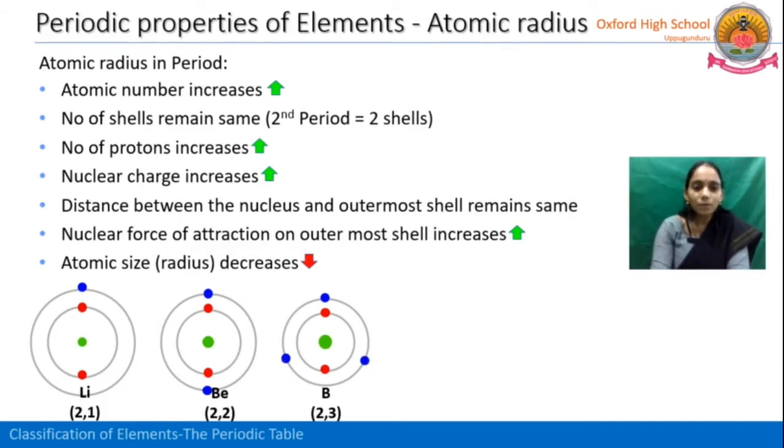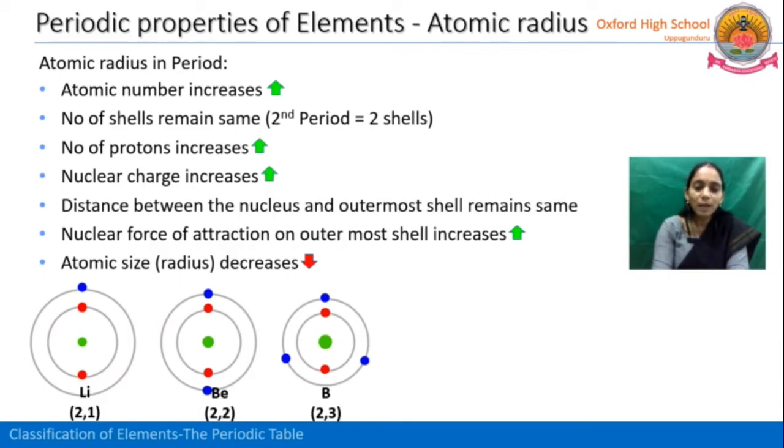In lithium we have seen that 3 protons are there, whereas in beryllium 4 protons are there. So the positive charge in the nucleus is increasing compared to lithium. In beryllium it is more, because the number of protons increases. Compared to beryllium, boron has more positive charge in the nucleus.